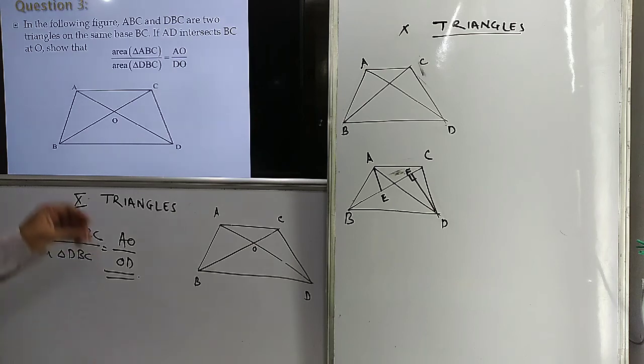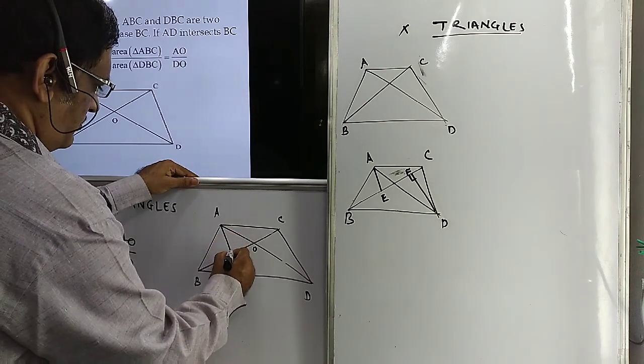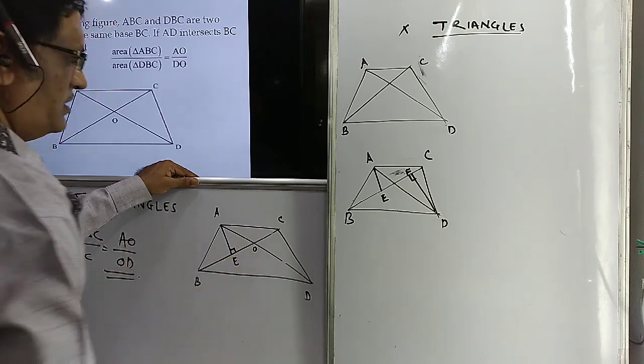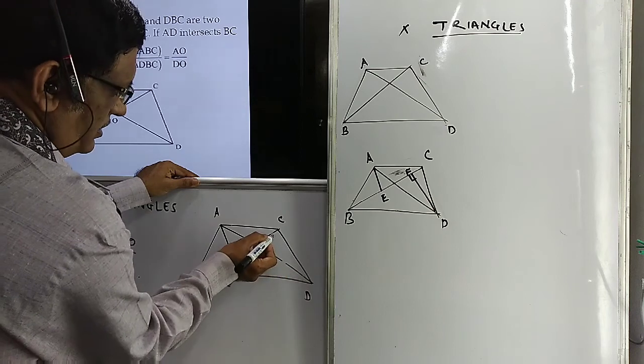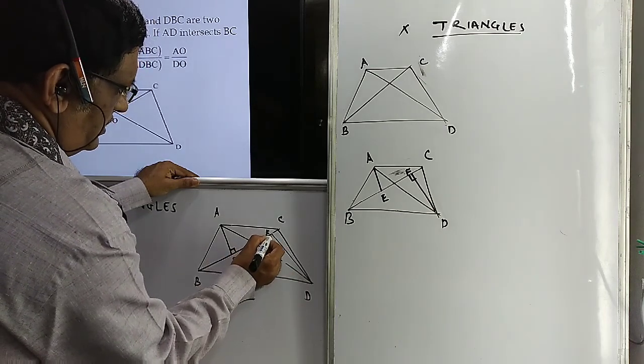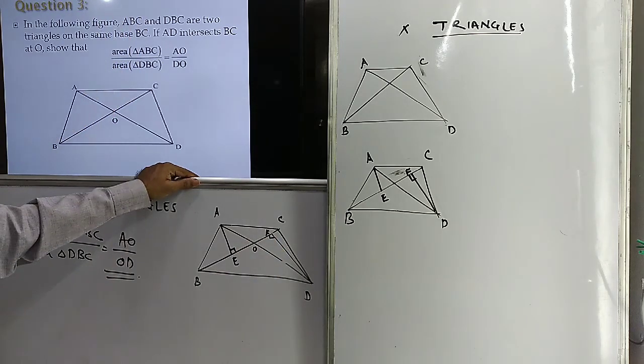For proving this, what we do, we construct altitudes: from A to BC, that is altitude AE, and another altitude DF. DF is another altitude. So we construct these two altitudes.